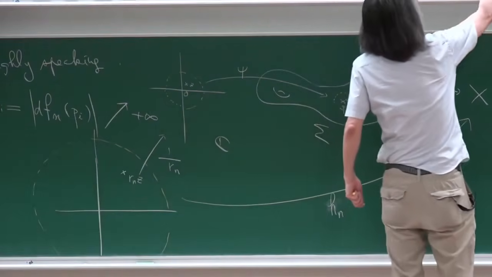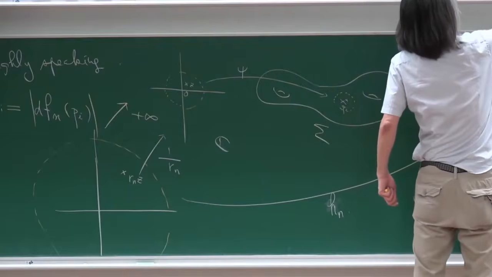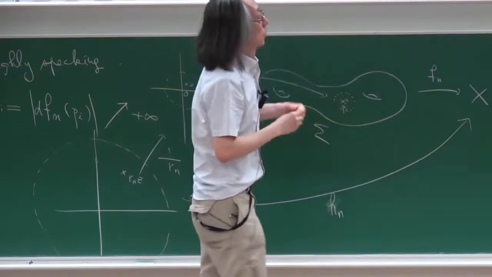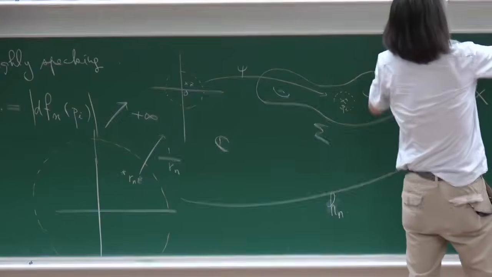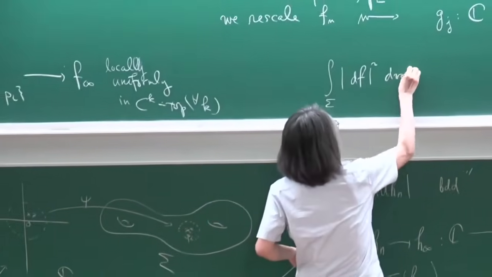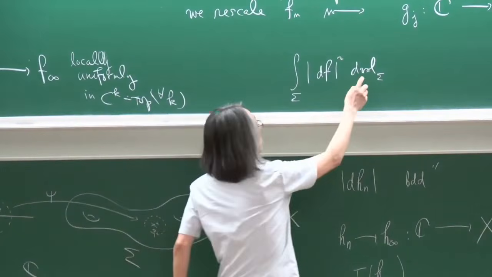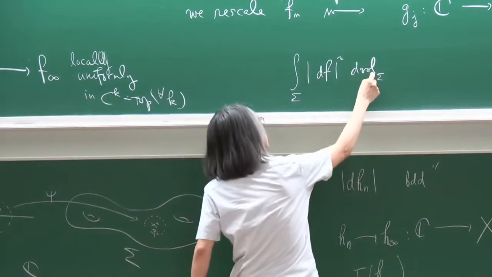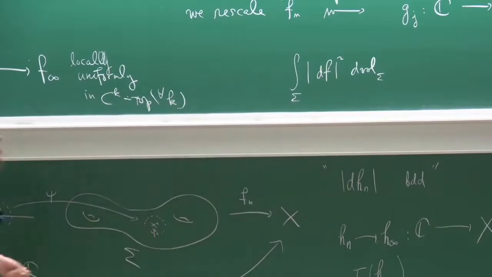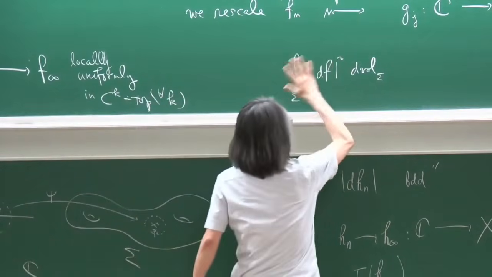Energy is always the integral of this thing, right? So in fact, I have to write here some d of volume, or area form, right? So the scaling effect here and the scaling effect here cancel out. So therefore, this is kind of conformally invariant.